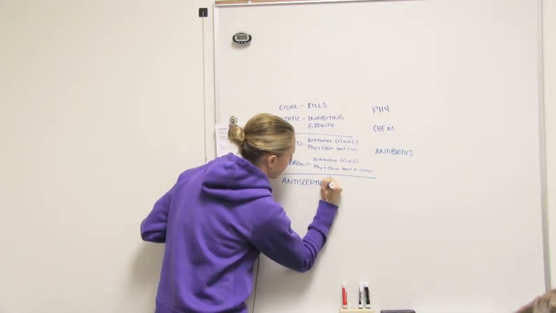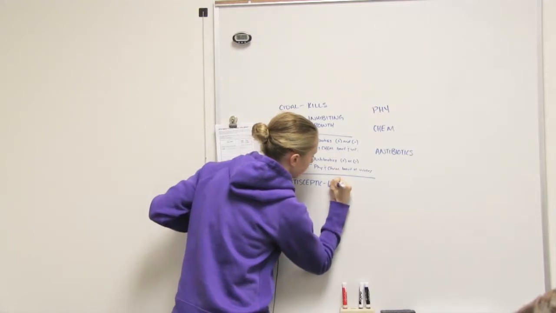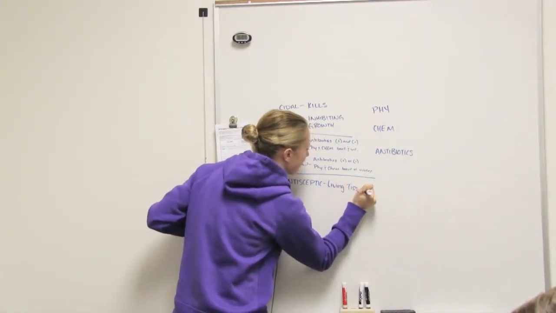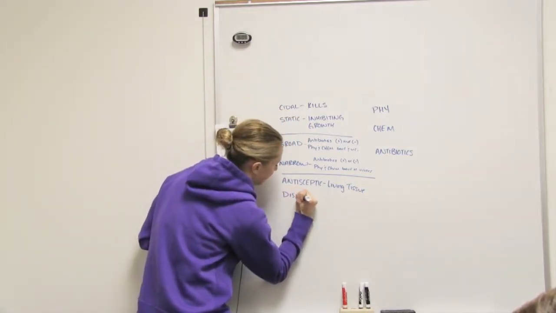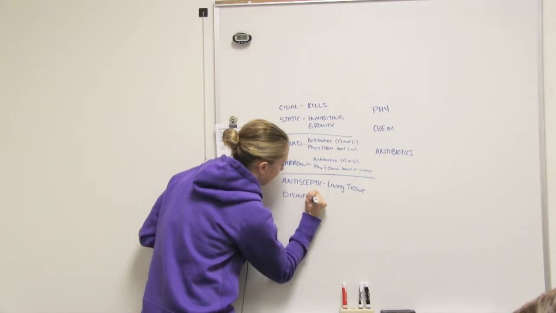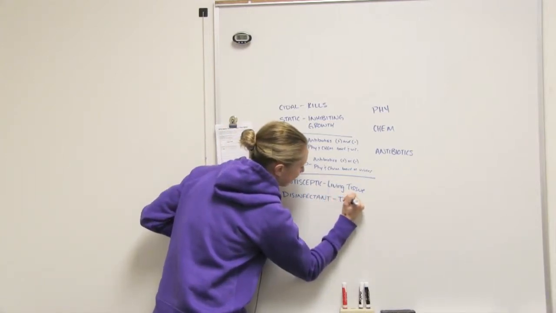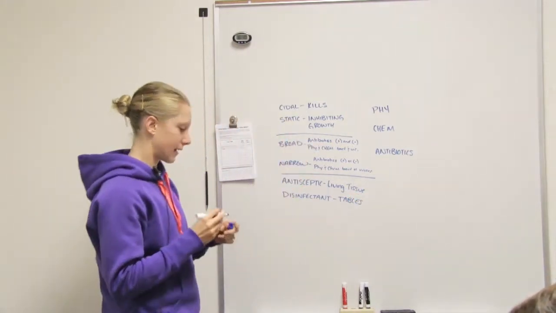Antiseptic is for use on living tissues, and disinfectant is just for inanimate objects. I was going to look up how to spell that word, but I didn't. I'm just going to write table, so I can use it on tables or windows or something like that.